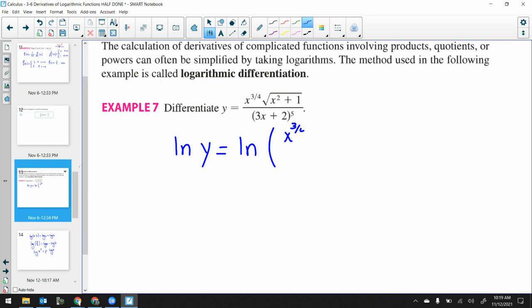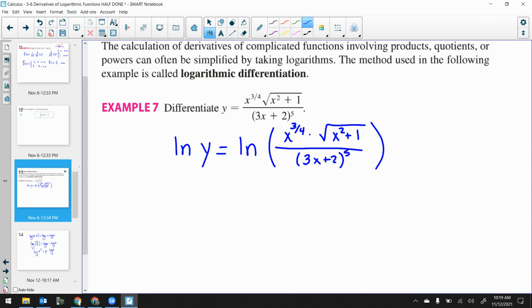x to the 3/4 times the square root of x squared plus 1, and then 3x plus 2 to the 5th power. Okay, let's keep breaking down that right side.